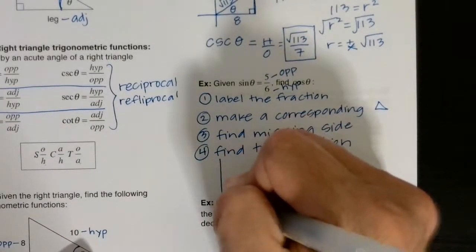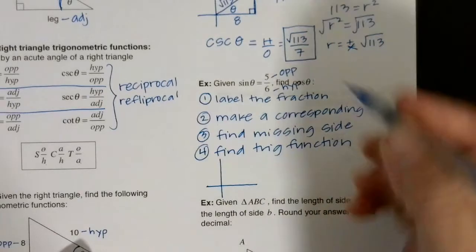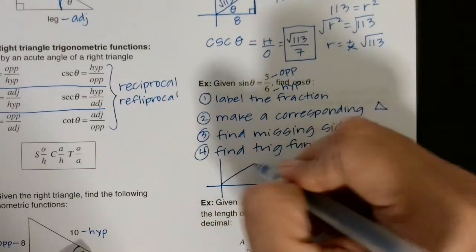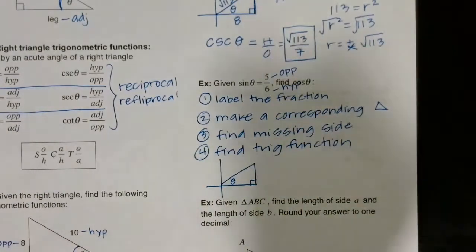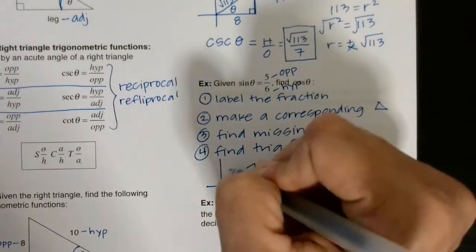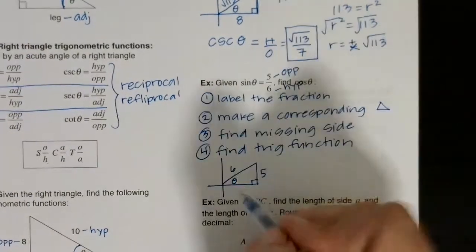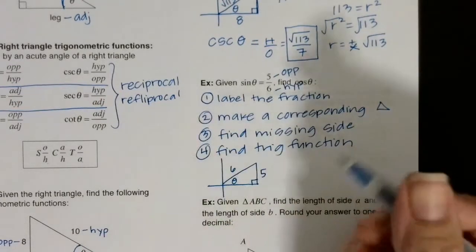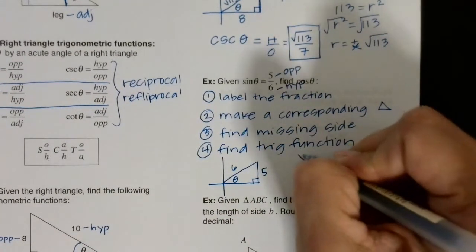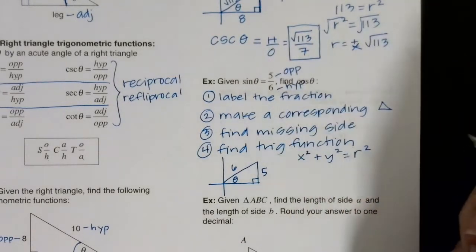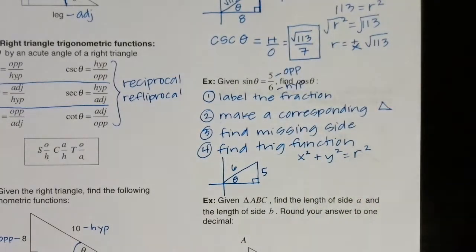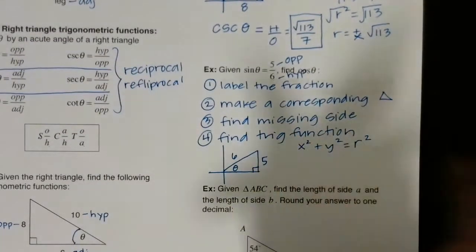All right, so here's this, and we have opposite, so I'm making some triangle right there, and I'm labeling theta. So opposite is 5, and hypotenuse is 6. I don't know what this is down here, so I need to find it. So it's x squared plus y squared equals r squared, or a squared plus b squared equals c squared, but you're progressing in your math education, so it's not that big of a change.